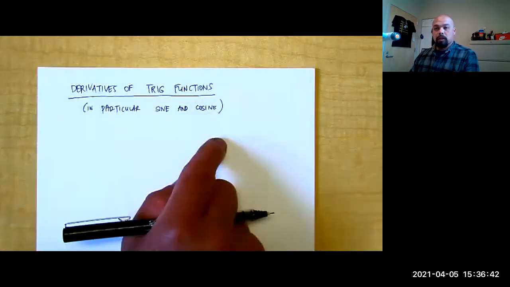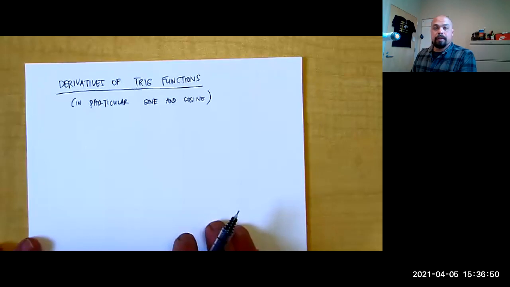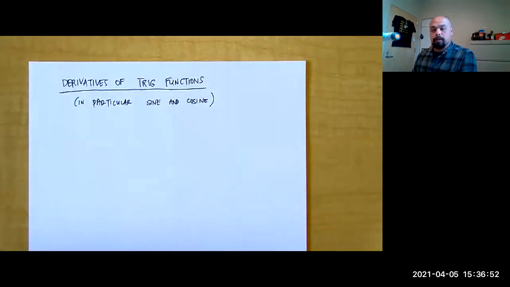Tangent, sine over cosine, that rational expression, that fraction. And from there, we can use our derivative rules for quotients to find those rules, okay?